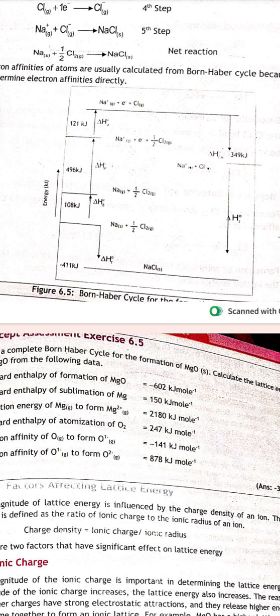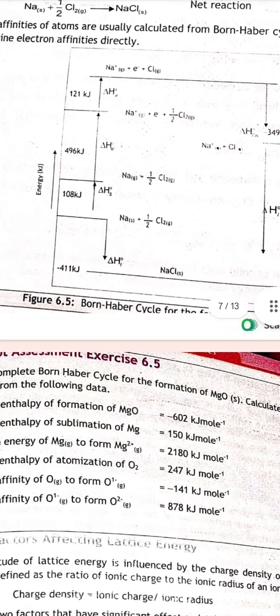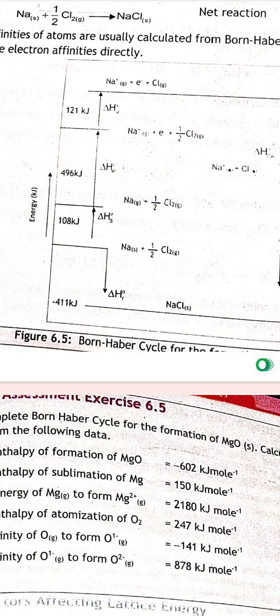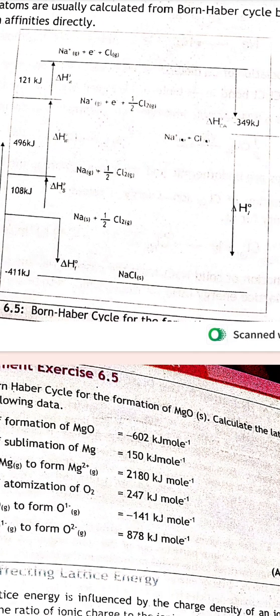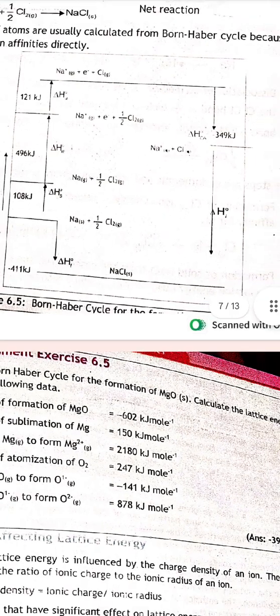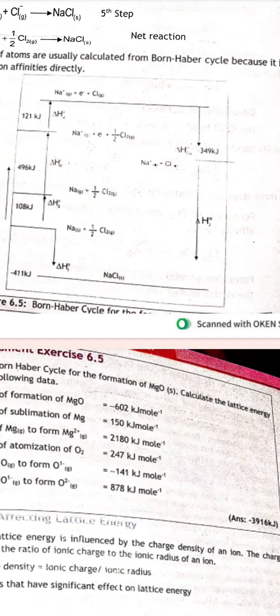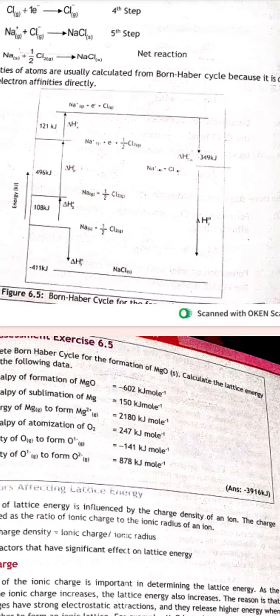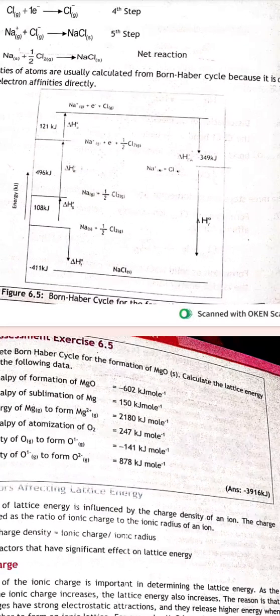Then we have next the ionization energy, then the atomization, and after that electron affinity, and in the last we have the lattice enthalpy change, lattice energy. So this is the Born-Haber cycle.